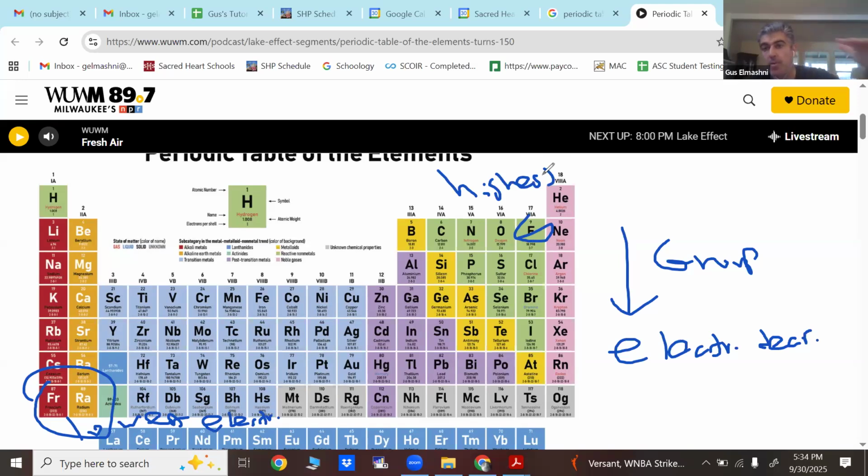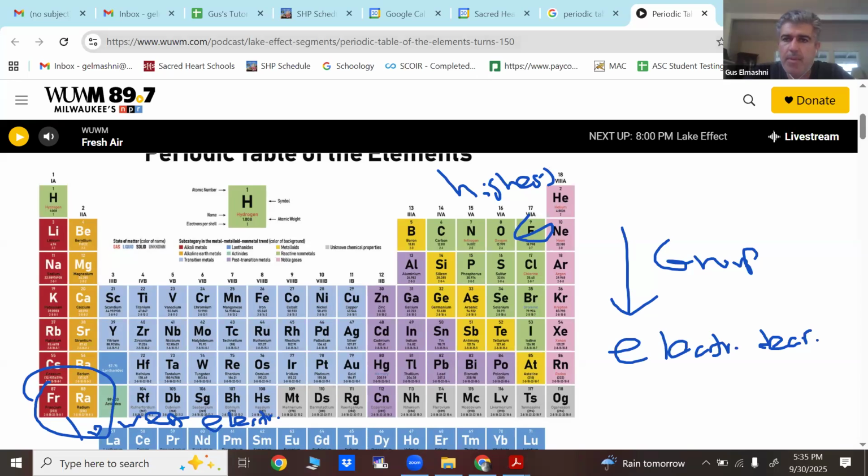Because as you go along the row, you're getting closer and closer to having that full electron configuration like with helium or neon or argon or krypton and so forth. And the atom really badly wants that electron as you go further to the right. If you go down, it doesn't want it as badly because the outer electrons are further away from the nucleus. Those are called periodic trends, the trends we notice in the periodic table that help explain chemical properties, electronegativity being a chemical property.